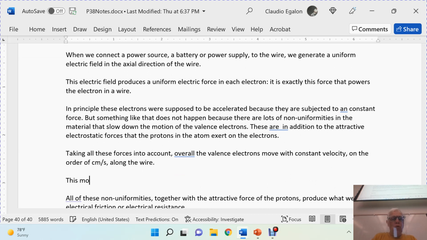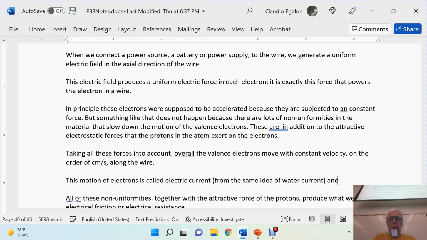This motion of electrons is called electric current. The current from the same idea of water current.